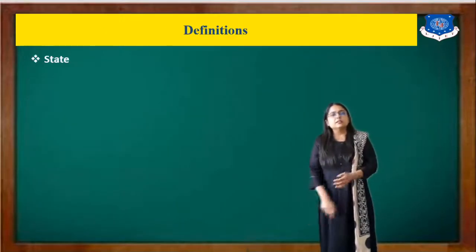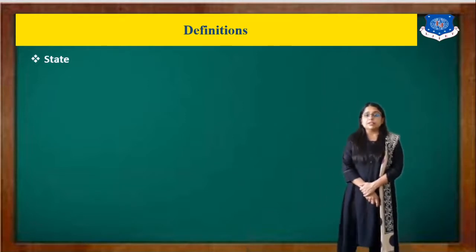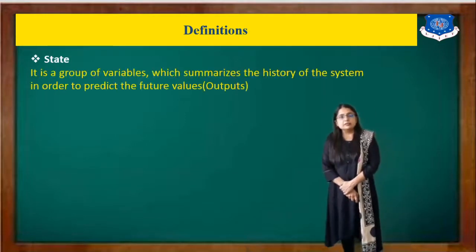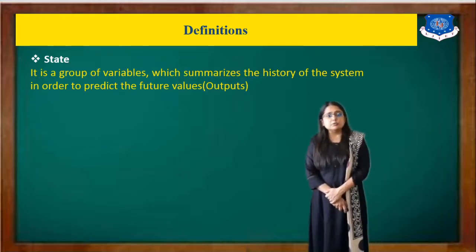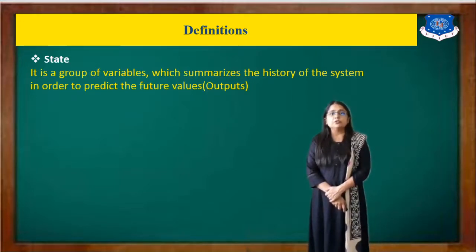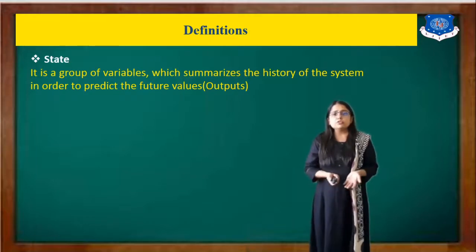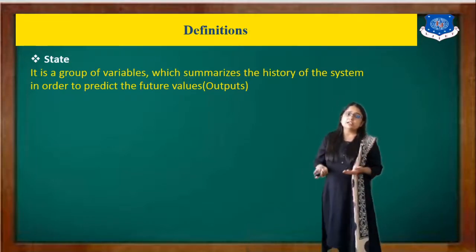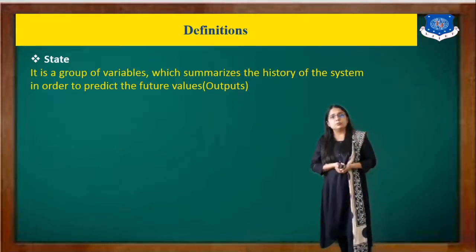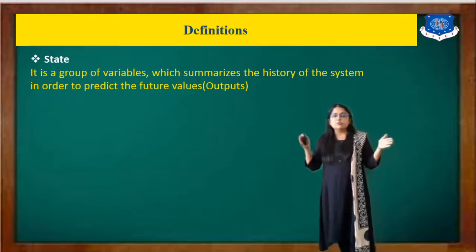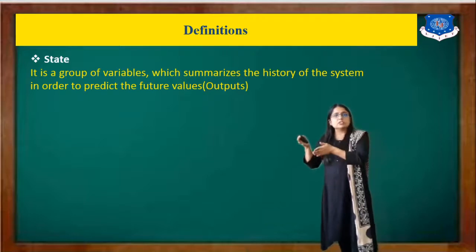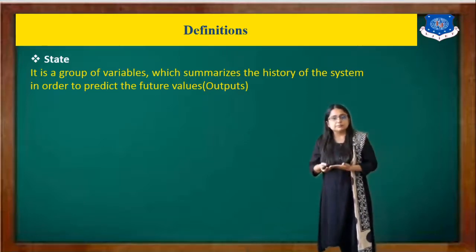Next, we will see some definitions, starting with state. It is a group of variables which summarize the history of the system in order to predict the future value. What do we want to predict? Definitely our output. There is an input and an output, and the intermediate stage is known as the state.